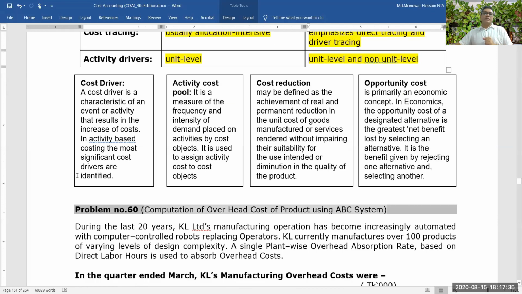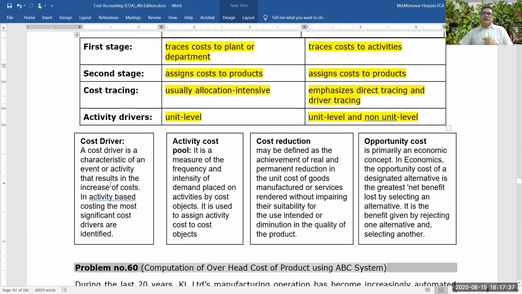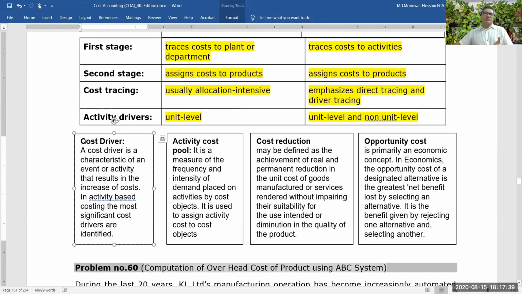So if we look at the previous thing, that means cost driver. What is a cost driver? A cost driver is a characteristic of an event or activity that results in an increase in cost. Activity pool is a measure of the frequency and density of demand placed on the activities by cost objects.